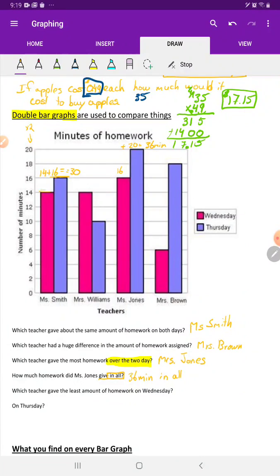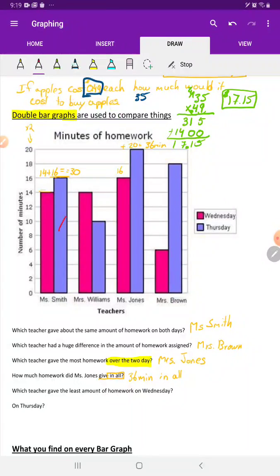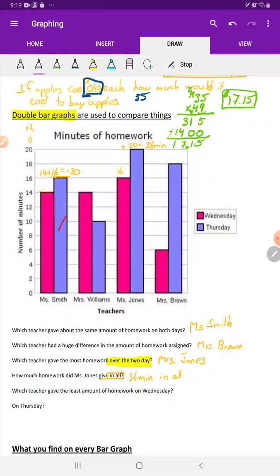And now, which teacher gave the least amount of homework on Wednesday? See how I keep switching around about what I'm talking about? So now I'm talking about Wednesday, which means I don't care about Thursday at all. I'm not going to look at Thursday.